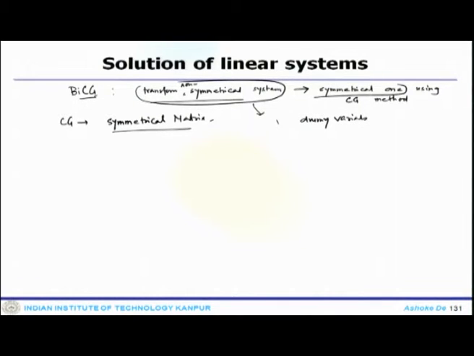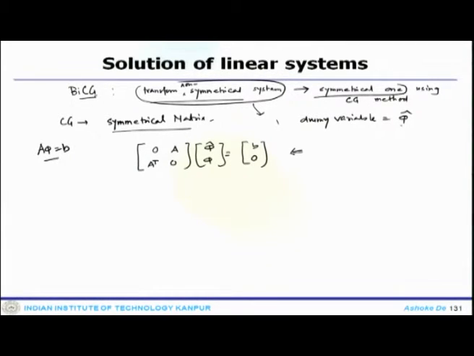Our original system of equations is A phi equals B. Now, you introduce a dummy variable, phi hat, and then the transformation takes place like [0 A; A transpose 0] times [phi hat; phi] equals [B; 0]. Using this dummy variable, through this process, you can convert this unsymmetrical system to a symmetrical one.